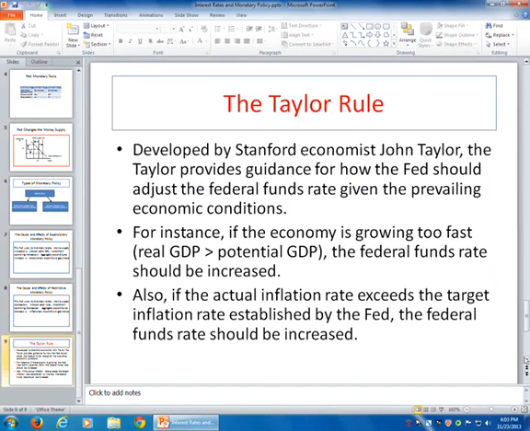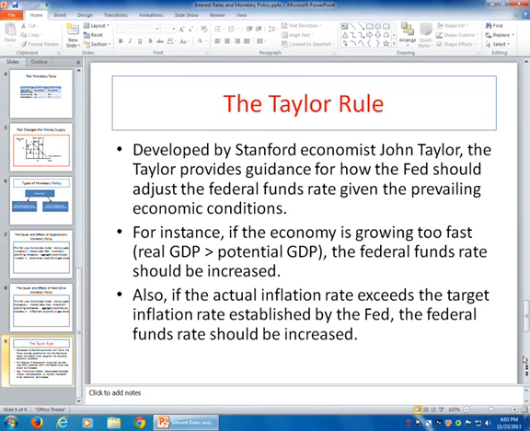Alright, now another kind of issue that was raised in the chapter is something called the Taylor Rule. The Taylor Rule was developed by Stanford economist John Taylor. It's basically just some guidelines that the Fed could adhere to.